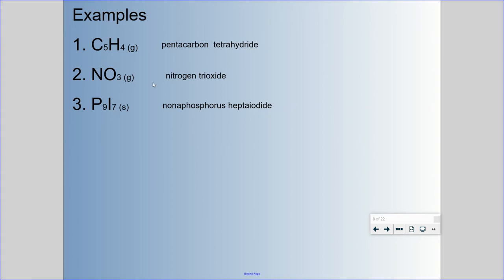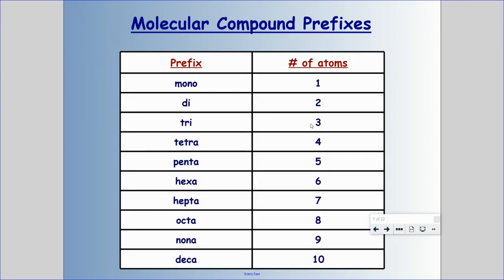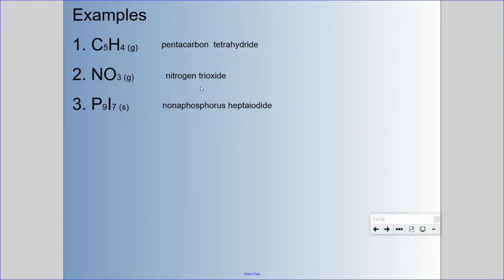So this is just nitrogen. We now look at the oxygen and we notice there's 3 oxygen atoms. So we go back, tri. All right. We write that down first, add oxygen with an IDE ending, and we get trioxide. So this one is nitrogen trioxide.